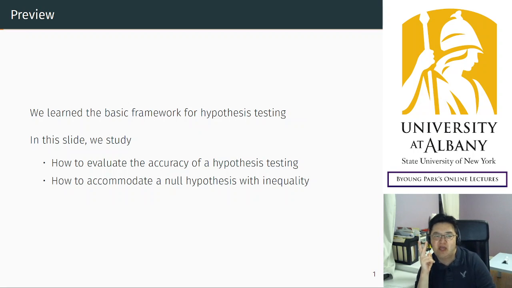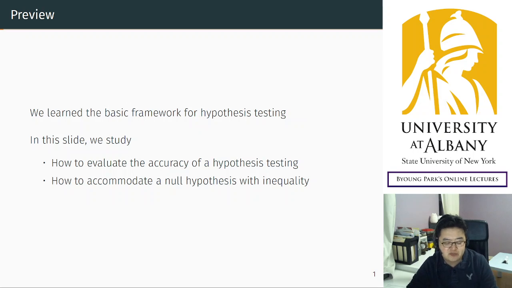There are 2 main topics in this chapter. One is how to evaluate the accuracy of hypothesis testing. We have to think about error probability, how to evaluate the performance of testing. And the second topic we are going to consider in the next lecture is how to accommodate a null hypothesis with an inequality.